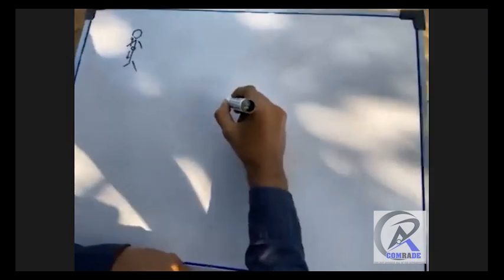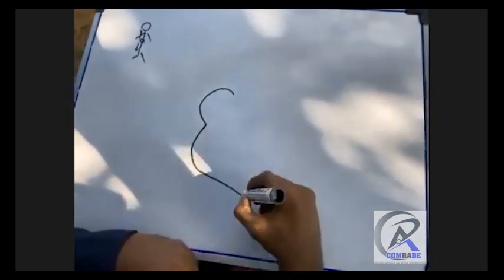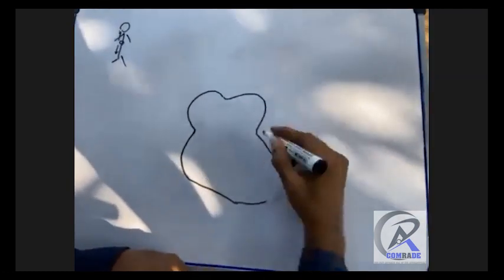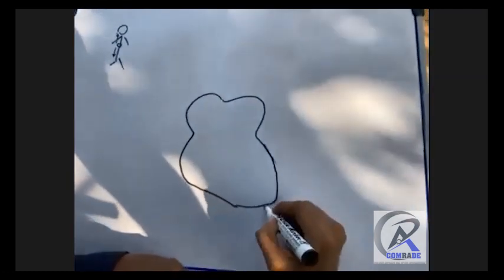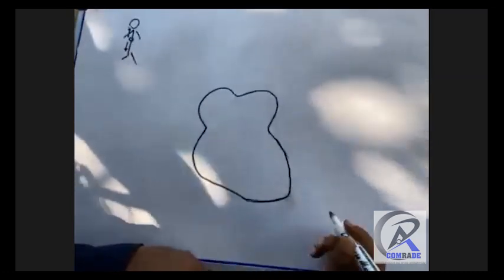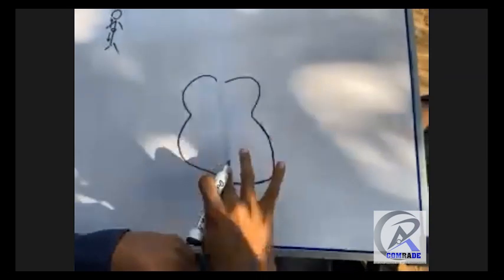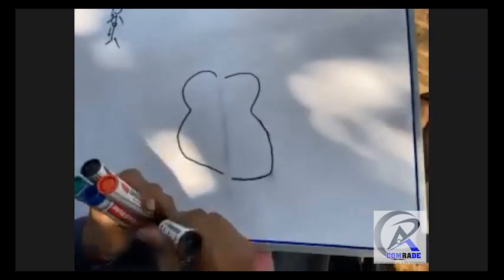See this. You know what this is? I'm drawing. See how I'm drawing.